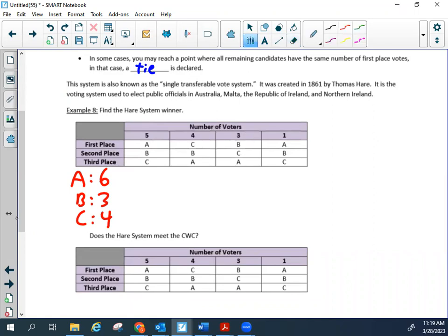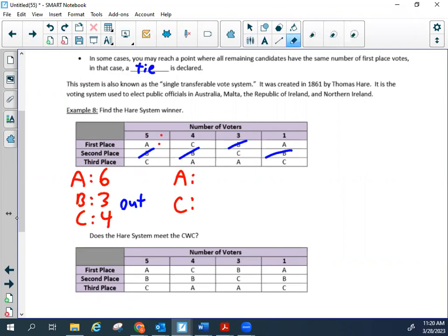Who's in last? That's B, so B is out. And what I do is I cross out all the B's. B is out, which means I'm left with A and C. And I look at the first place votes between A and C. A has 5 votes here.